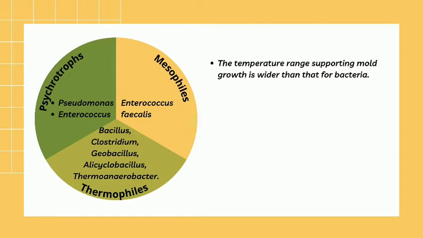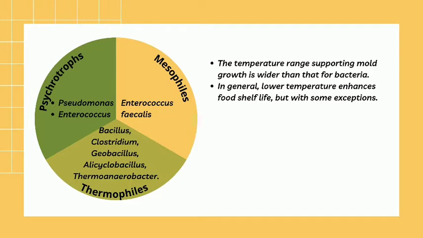The temperature range supporting mold growth is always wider than that for bacteria. In general, lower temperature enhances food shelf life, but with some exceptions, like bananas keep better at room temperature rather than in the fridge.